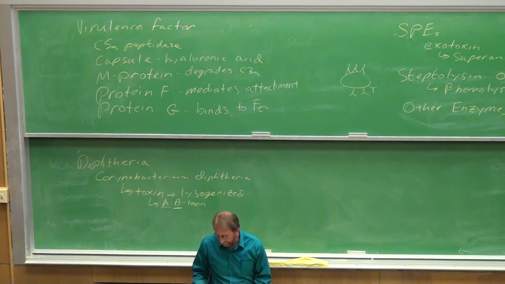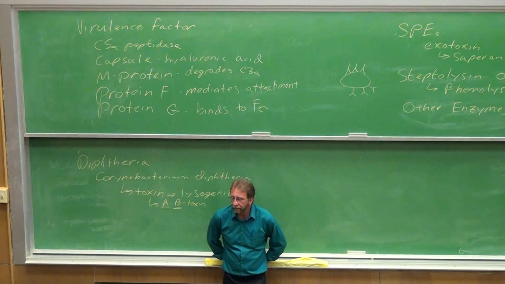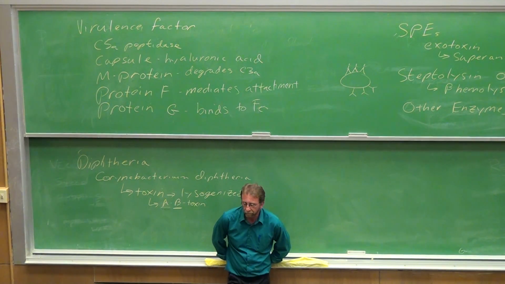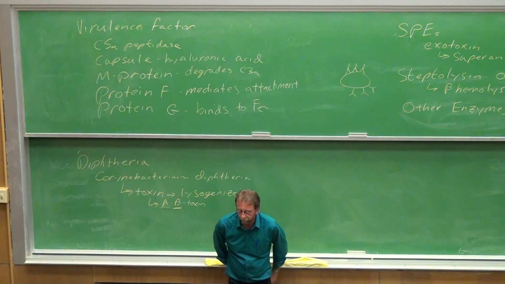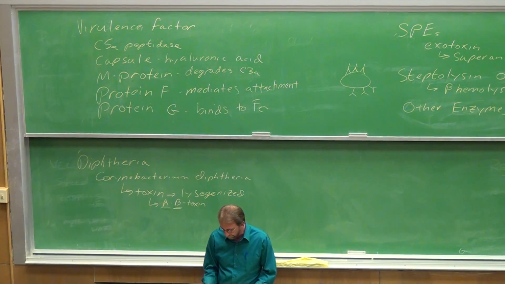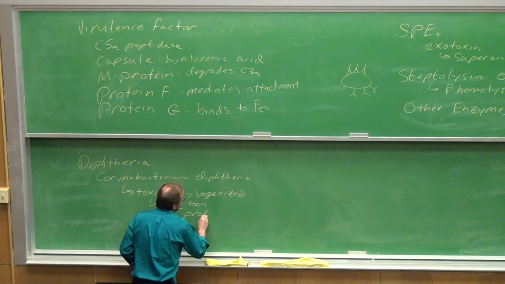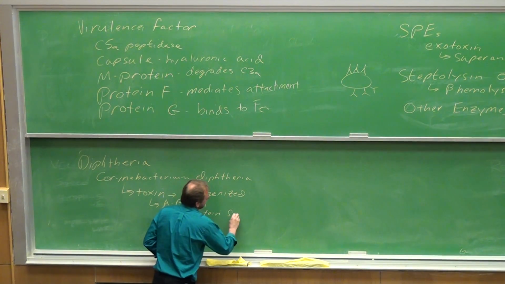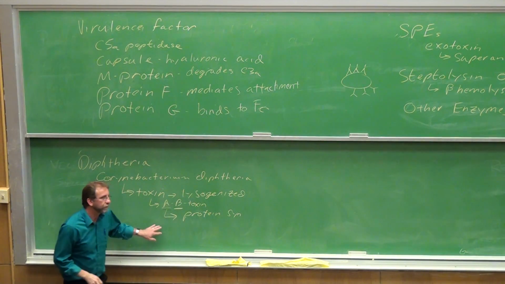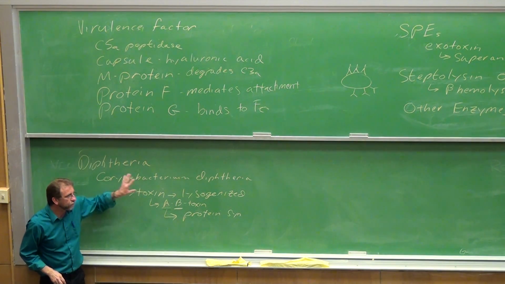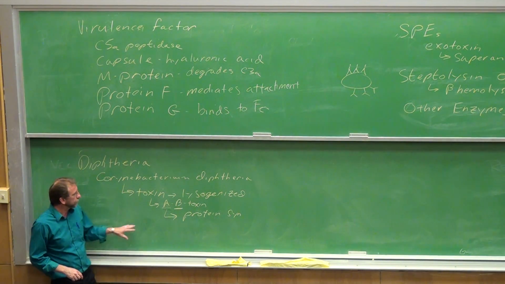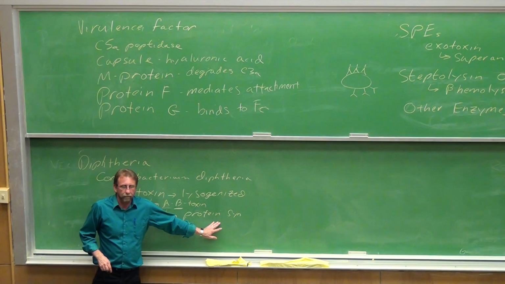This particular toxin is going to target kidney and liver cells, and the A chain actually interferes with protein synthesis. It interferes with transfer RNA so that you can't get protein synthesis and then the cell dies.